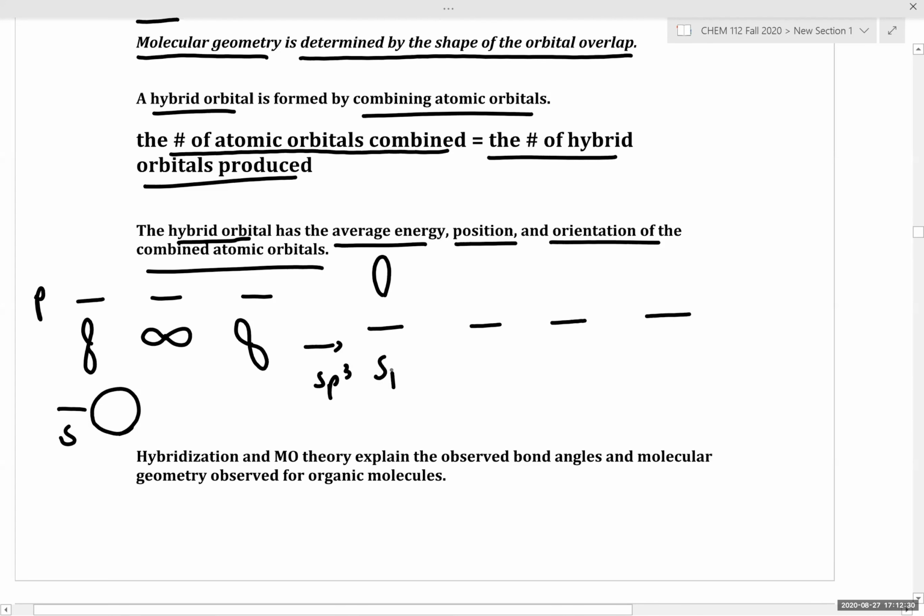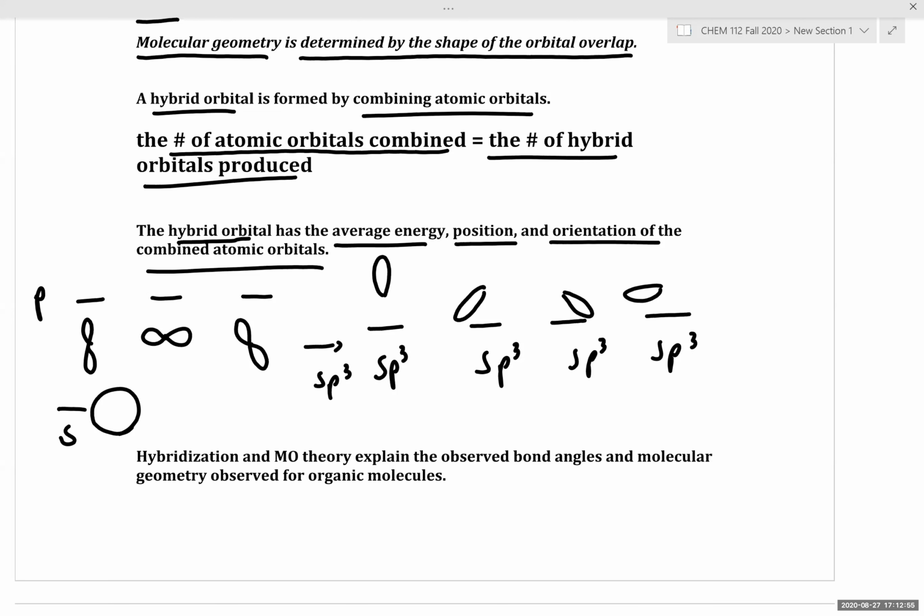So after hybridization, we end up with a total of 4 sp3 hybridized orbitals. And the exact orientation of these orbitals is directly determined by the orientation of our p orbitals. So hybridization, we take the average energy and orientation of each of our combined atomic orbitals.